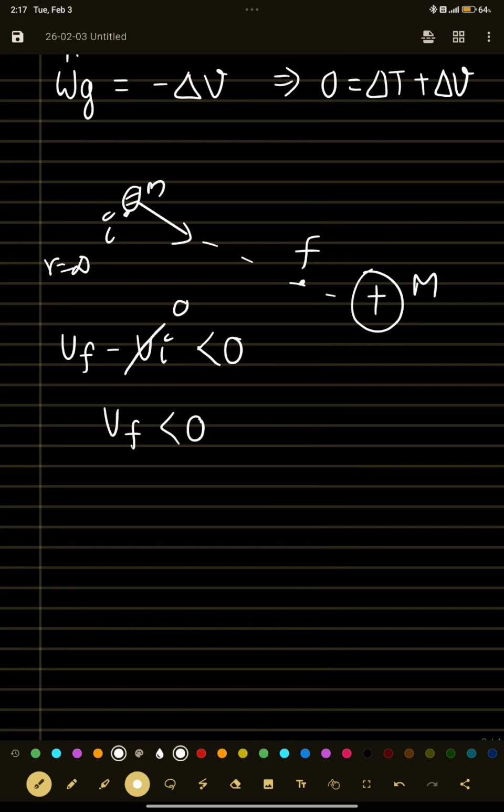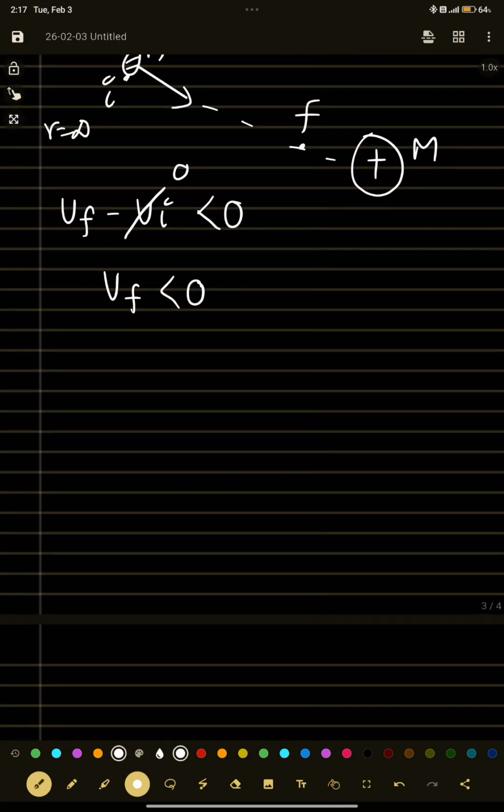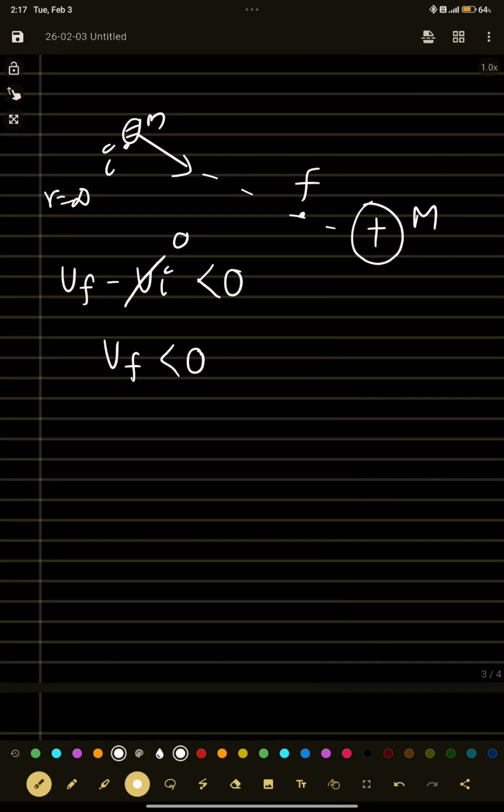Negative होगा. And that's why this V is given as minus GMm by r, where M is the planet's mass. You check the expression: when r tends to infinity, V is 0. For a finite r, it is negative.